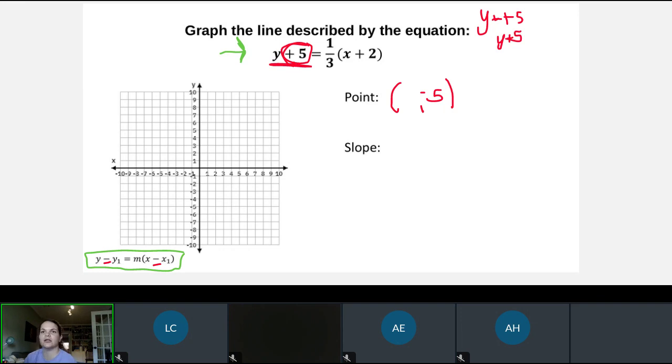It has to match what's here. My x value also turned into a positive, so that means that x is negative. So our point is -2, -5, and our slope is 1/3.